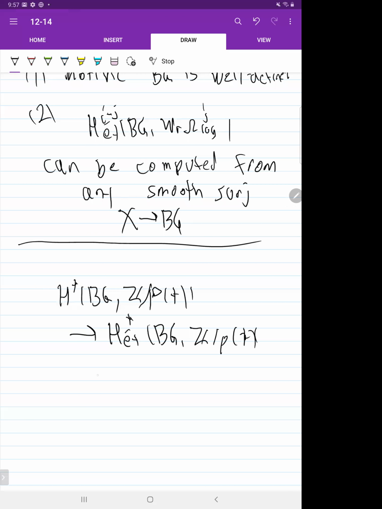So it's injective. But yeah, I'll take the Chow group. So it's injective for G_m, as you might expect.